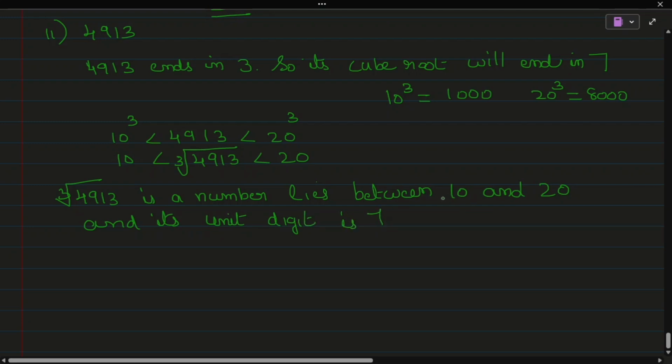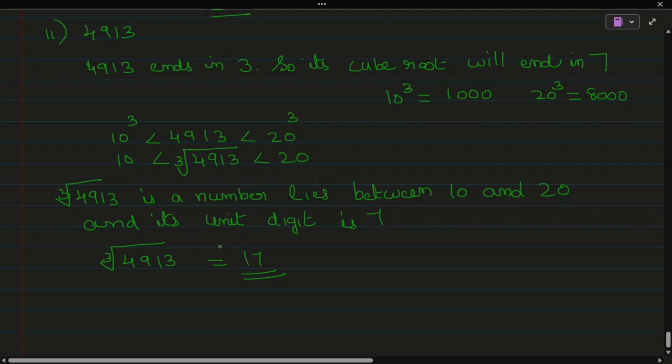So you have to find out, between 10 and 20, 17 is the number that ends with 7, and it is a 2-digit number also. So you can write the answer: cube root of 4913 is 17. That is the answer. It is a 2-digit number between 10 and 20, and it ends with the 7.